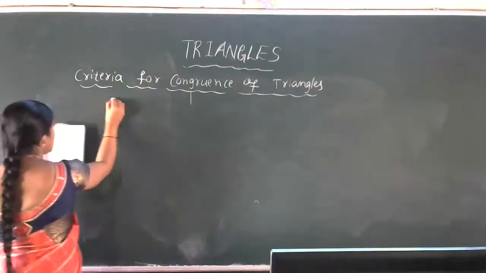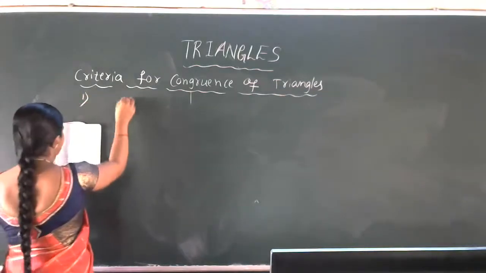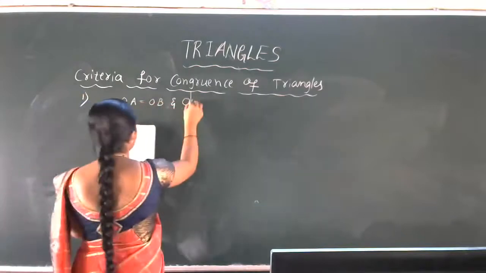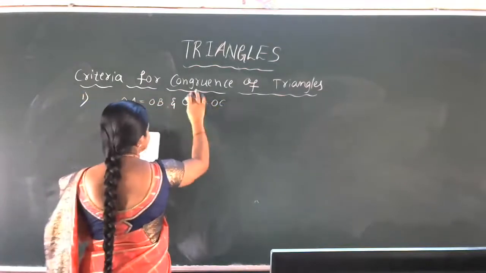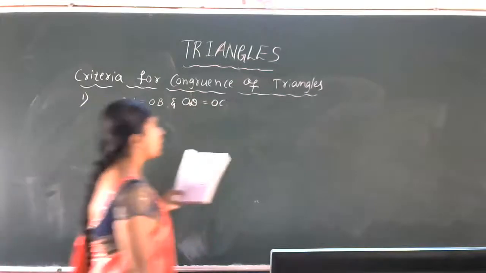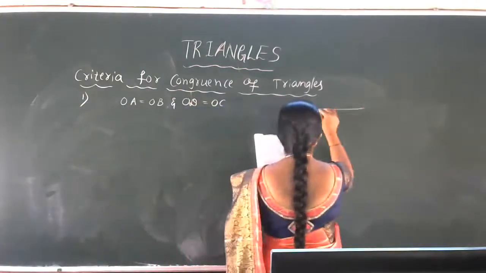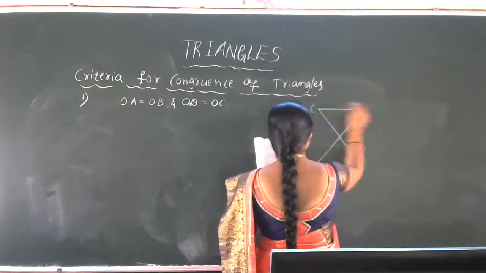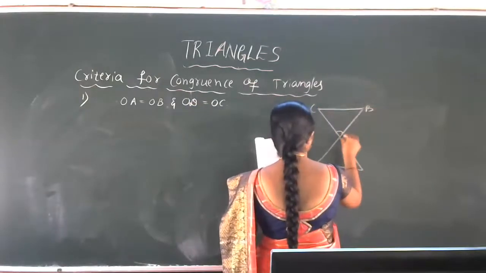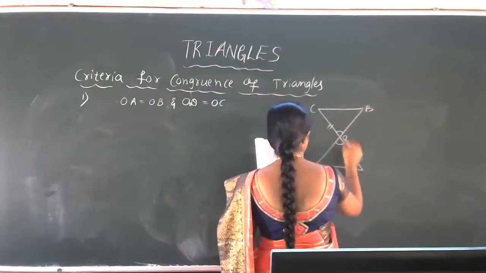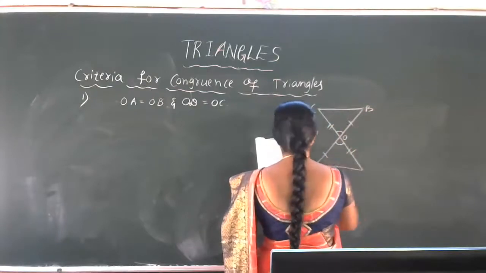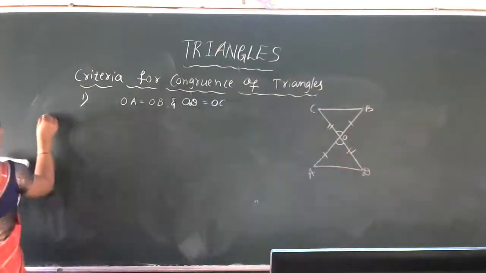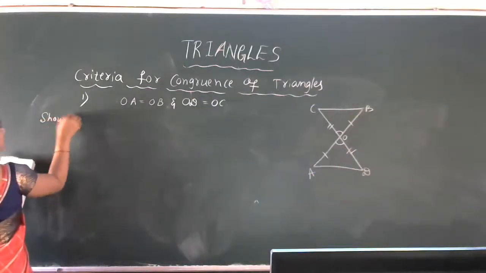In the figure, OA is equal to OB and OD is equal to OC. It is given. The figure is given: this is C, B, this is O, and this side is equal to this side, A, D. So what do we have to show here?